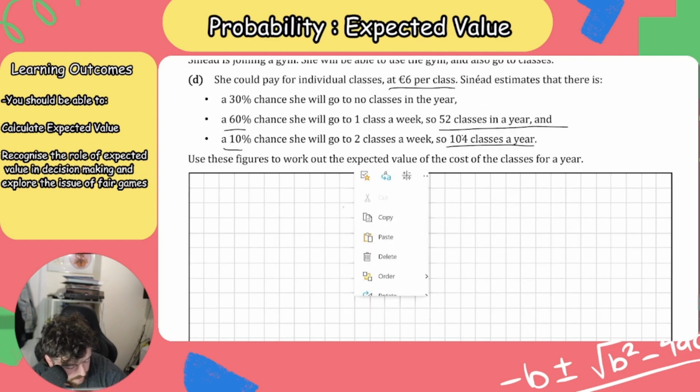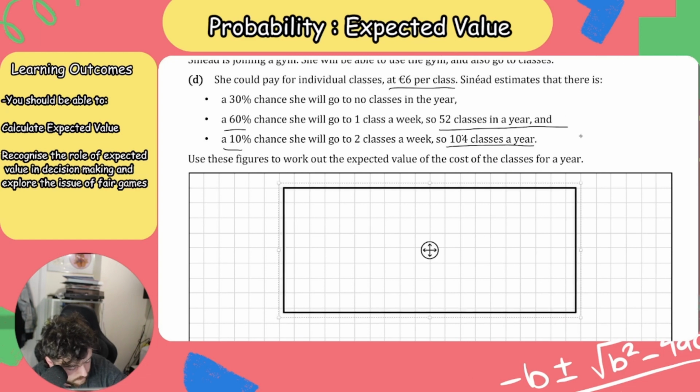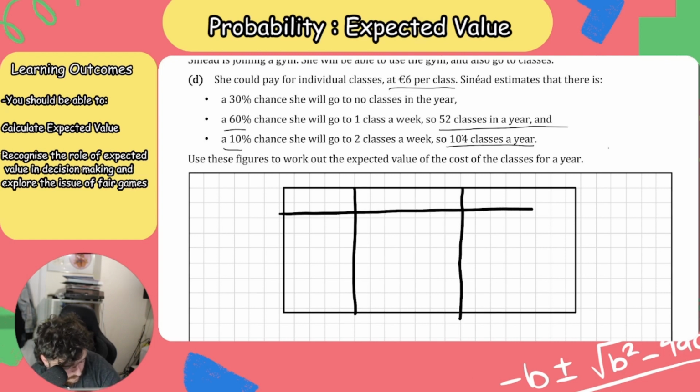So, x, p(x). So she goes to no classes in the year. So how much is she spending in the year?